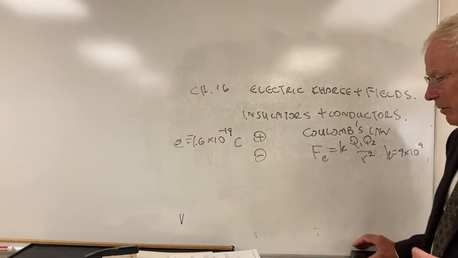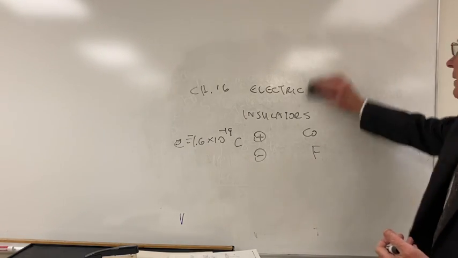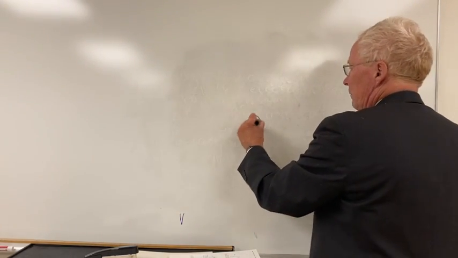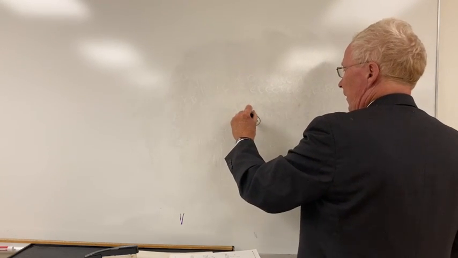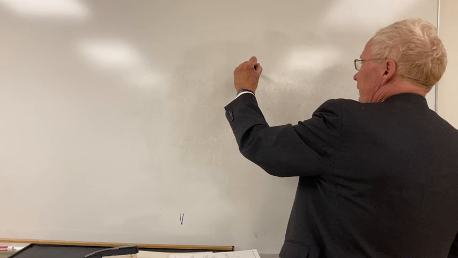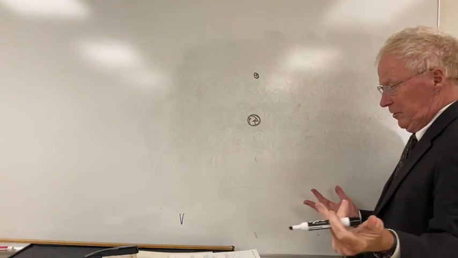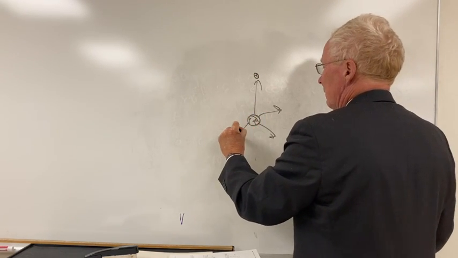All right, then we got into electric fields. And we'll have examples again of electric fields, and what an electric field is. If I have a charge, and if I put a positive charge near, which direction would that positive charge move? So for a single charge, it can go out.